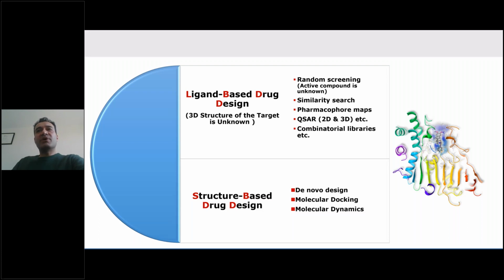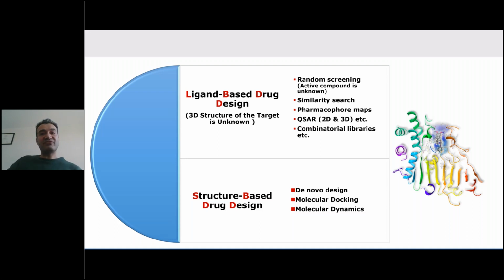If the active compound is unknown, then you search by what is called random screening. You don't have any idea, you just screen randomly. But if you have an active compound, you use similarity search to find a compound that has similar structure and similar activities.